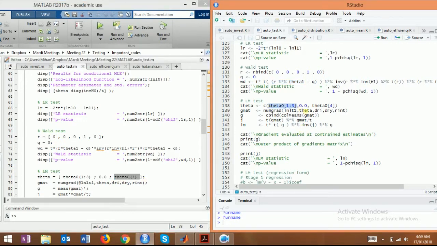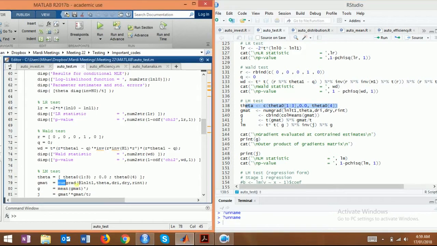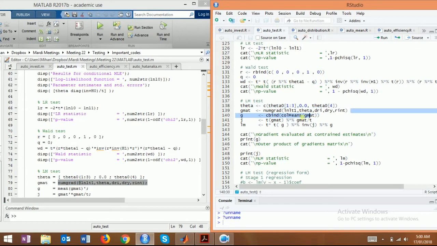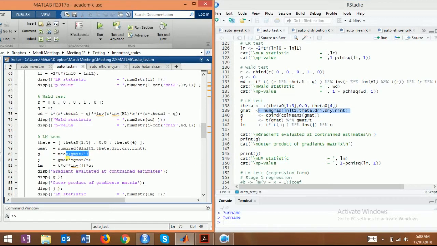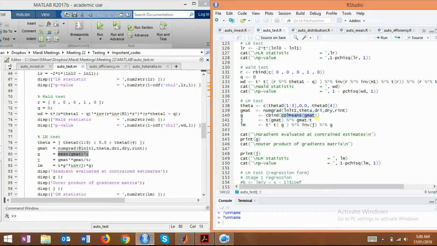So see theta naught, we are representing everything in a column. Then Gmat is the numeric gradient, because we are using the MATLAB package with log LT theta, numeric gradient. So Gmat is the numeric gradient. Then G is the mean of Gmat transpose. This is much more difficult. Column means of Gmat.